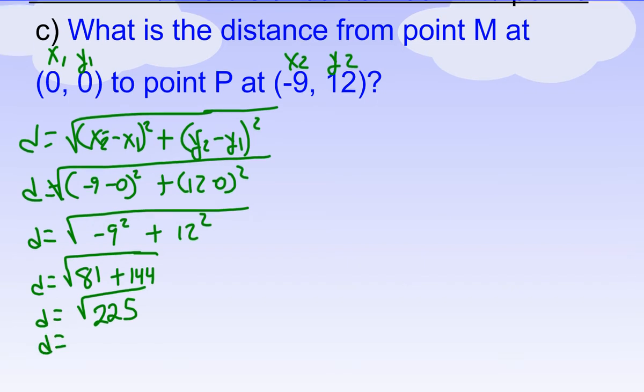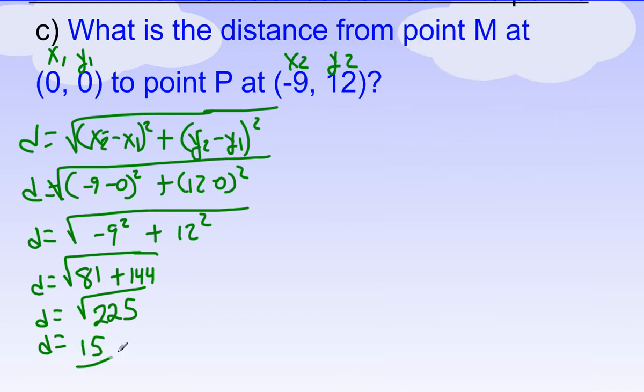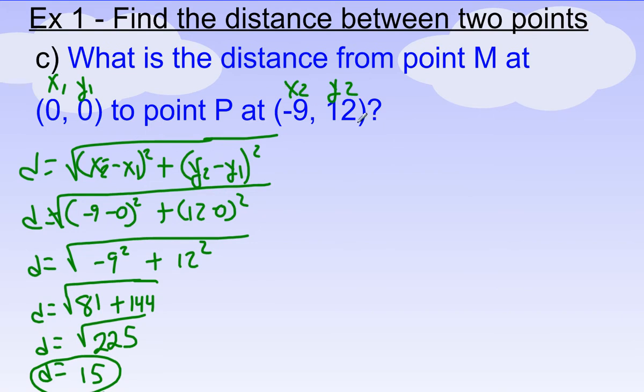And so that distance is 15. So the distance between those 2 points on the coordinate grid is 15 units. Now, if you're choosing to use the Pythagorean theorem, and you have your little right triangle drawn, the distance between the x points from here to here is 9 units.